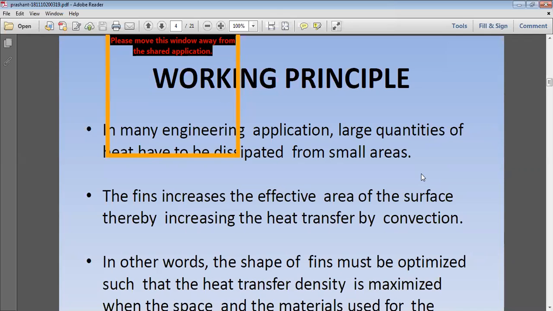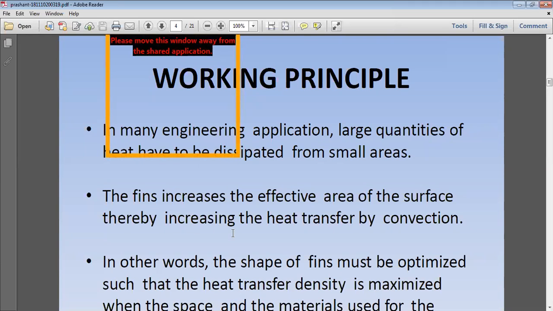Is it possible to dissipate large quantities of heat from small areas? Obviously no, because we need to provide some external surfaces, then only can the small component dissipate the heat to the surroundings.